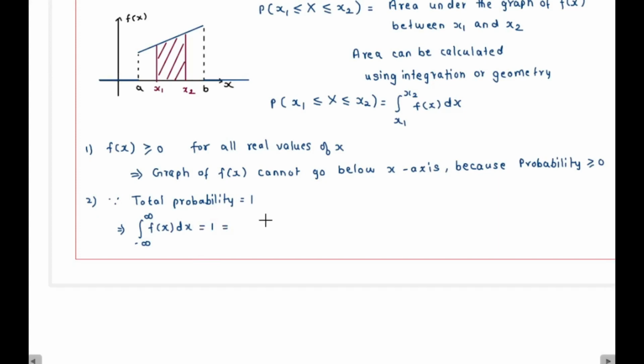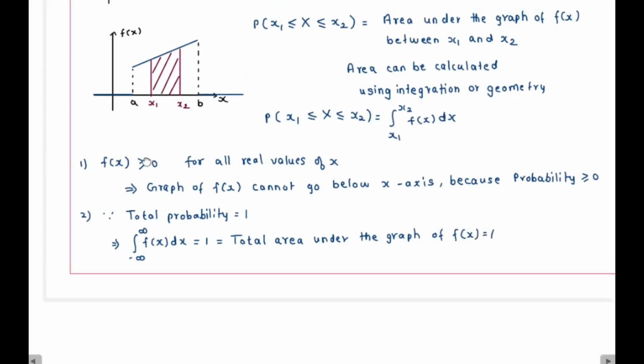In short, the total area under the graph of f of x is equal to 1, because for the rest of the values there is no area.